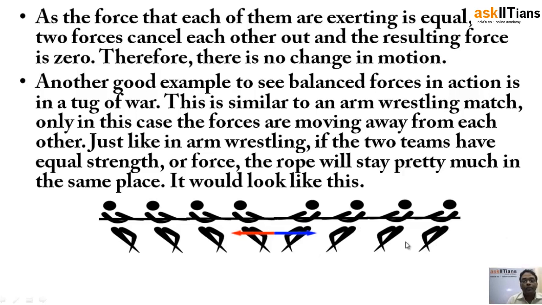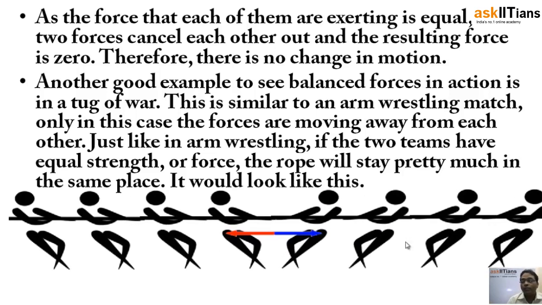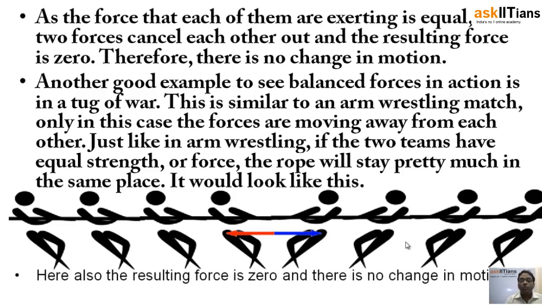Both will try pulling the rope such that none of them fall down. Whosoever falls down is going to lose. Therefore, in this case, the resulting force is 0, even though both the teams are exerting forces and there is no change in motion taking place.